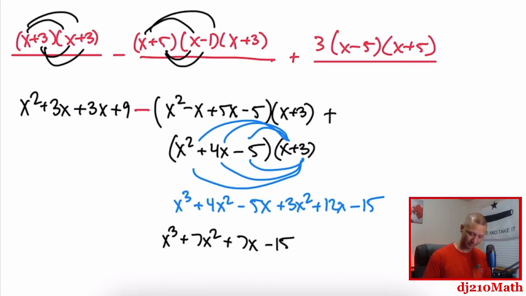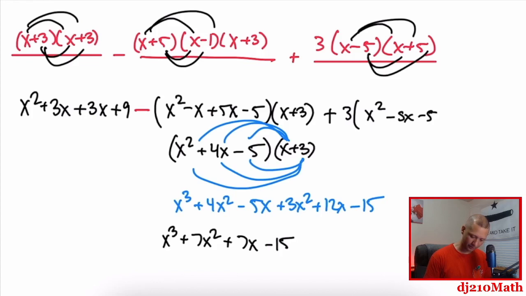Plus, here we're going to distribute again. So 3 times x squared plus 5x minus 5x minus 25. The 5x's are going to cancel. That's nice. Actually, no, they don't.